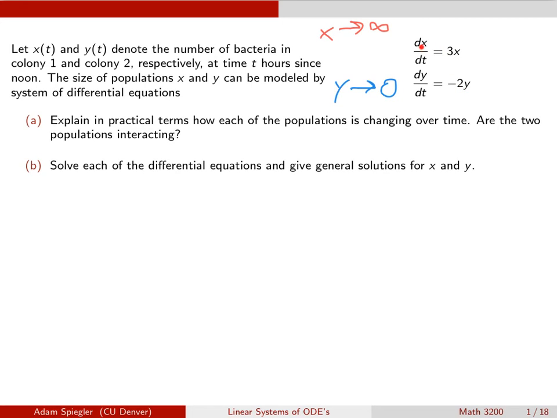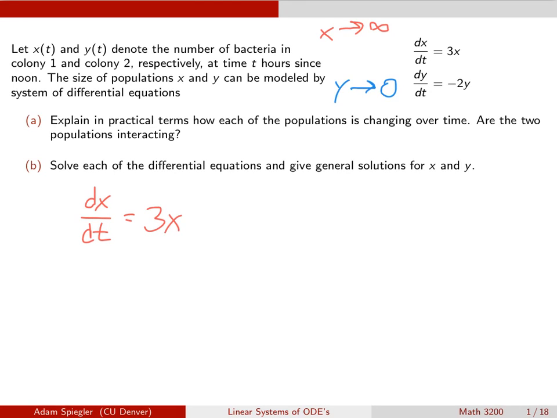When things are changing at a rate that's proportional to the amount present, we've already seen these are exponential solutions. So I'm coming down to part B, dx/dt is equal to 3x.